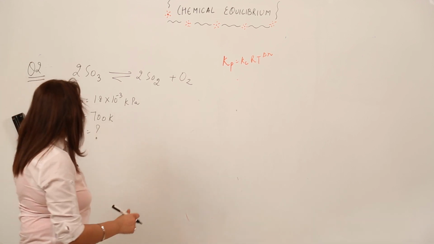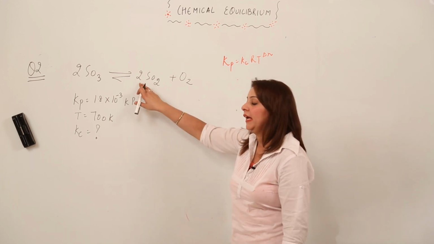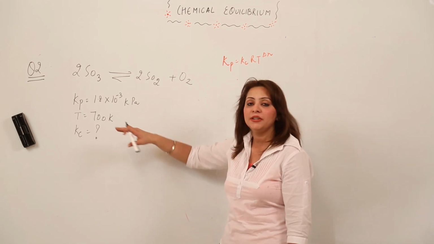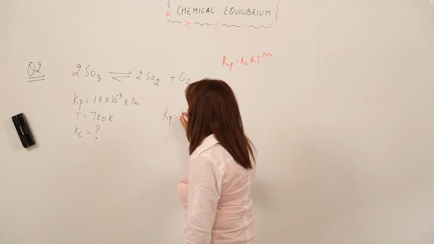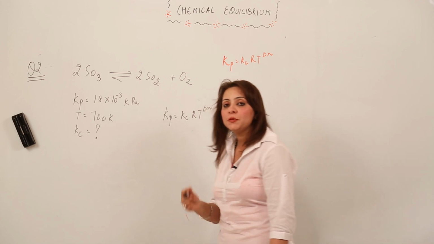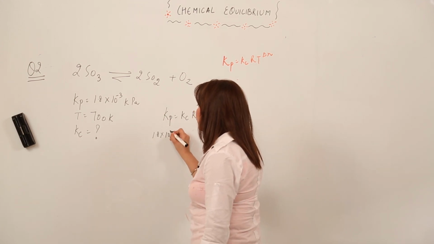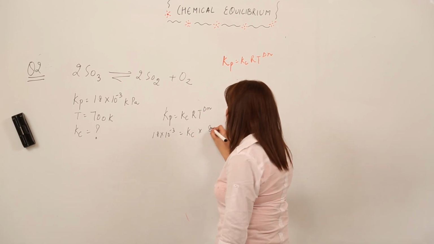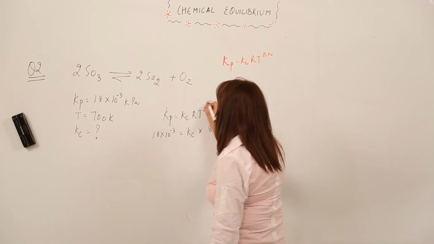We have Kp and we have to calculate Kc. We can have the delta n also, and R, the gas constant, and we do have the temperature. So we are going to use the relation Kp is equal to Kc (RT) raised to delta n, and I am putting the values in this relation. Kp is 1.8 into 10 raised to the minus 3, Kc we have to find out, R is 8.314, temperature is 700, and delta n we are going to calculate.